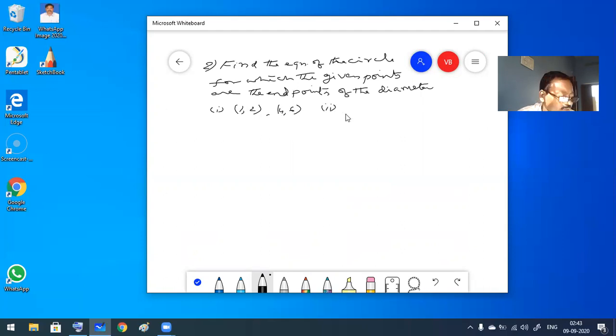And another question is minus 4 comma 3 and 3 comma minus 4. Two points are given here. So solution, first one, given points.